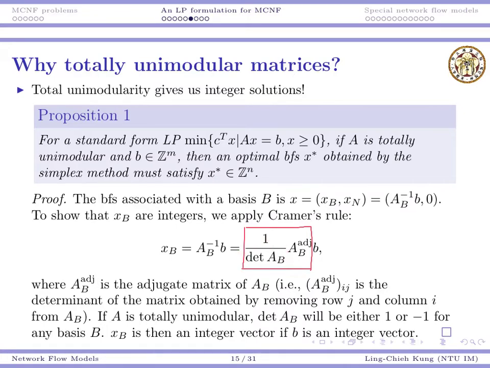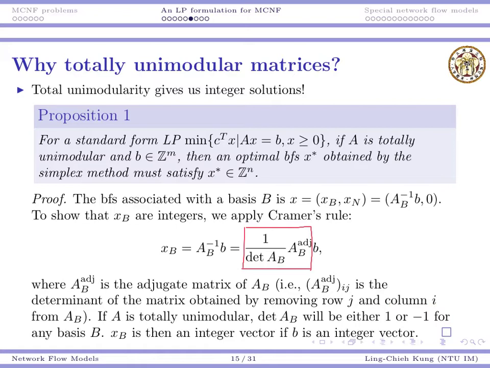Certainly that's something we can do, and this ratio will be multiplied to this new matrix, which is the adjugate matrix. What's that? Just a review of linear algebra. The adjugate matrix, the element ij, is the determinant of the submatrix obtained by removing row j and column i from A_B.